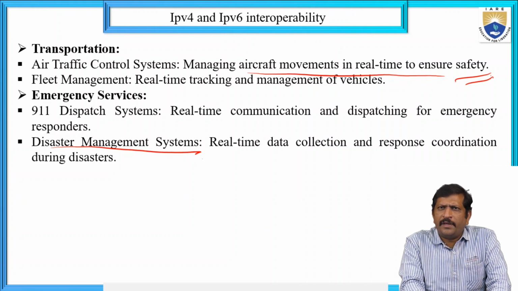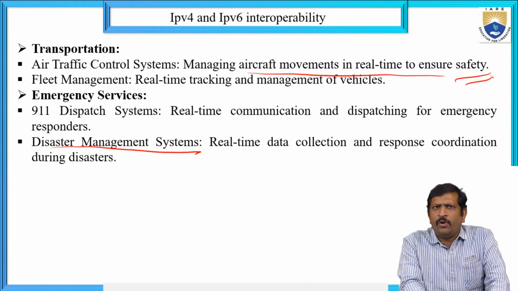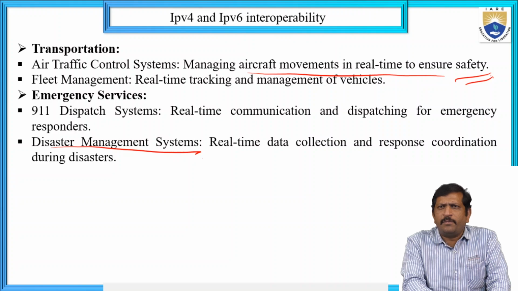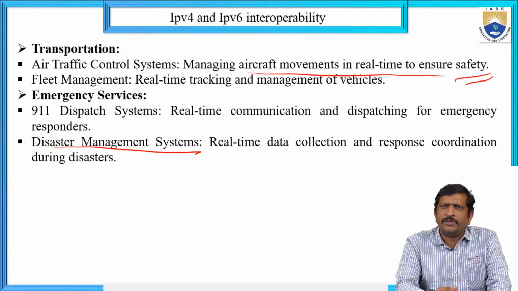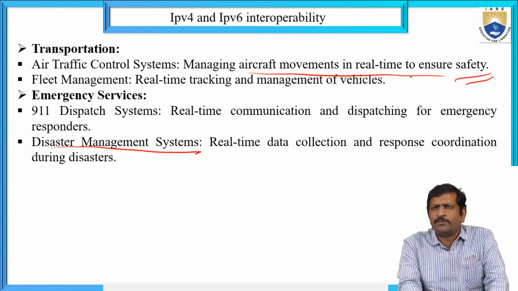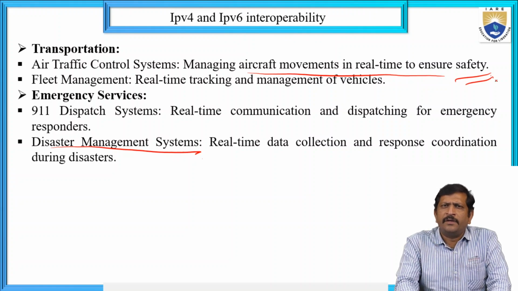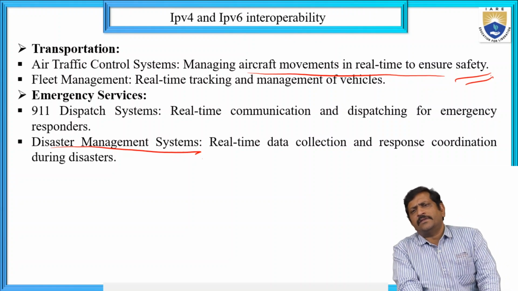For example, in a railway system, if two trains collide or any issue arises, then with the help of this disaster management system, that issue can be overcome. It provides real-time data collection and response coordination during disasters.